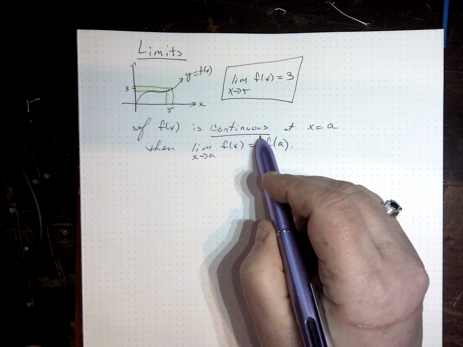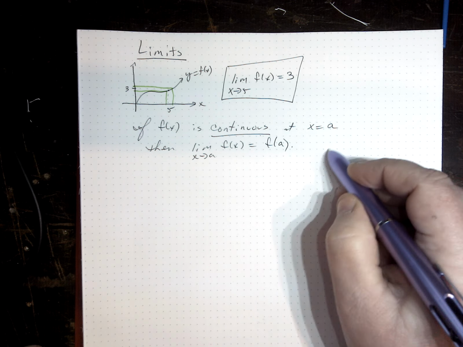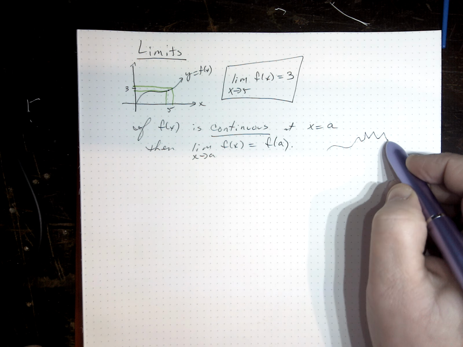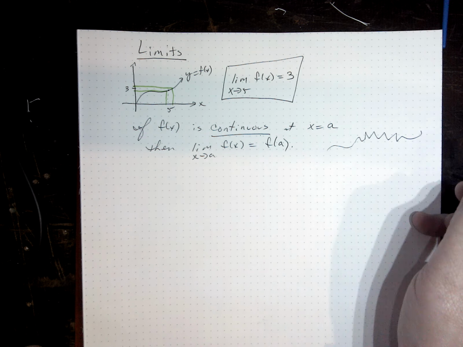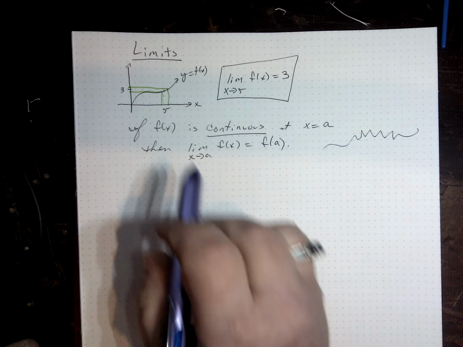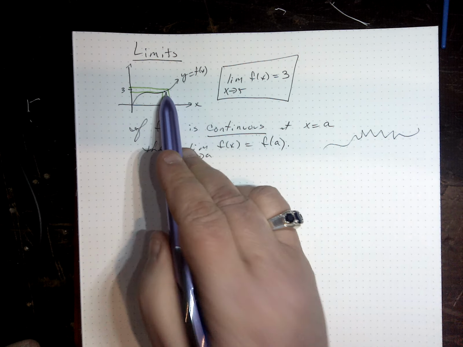And what does continuous mean? Continuous means you can draw the graph without lifting your pencil. Doesn't matter if it's all spiky, but I can draw it without lifting my pen, whatever. So one way is to look at the picture and just find the value of the function.